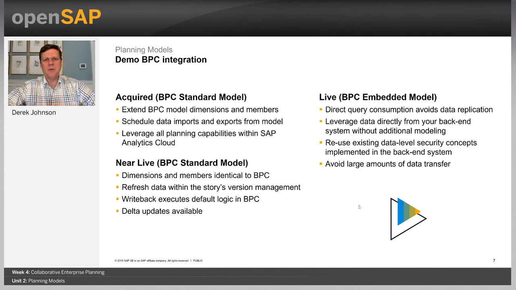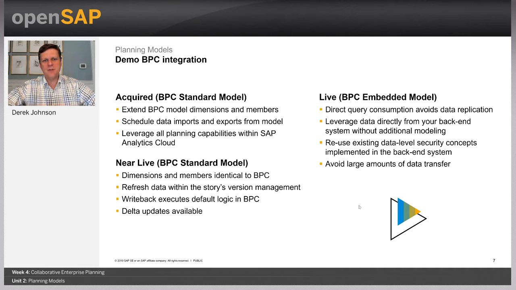We can start to plan within SAP Analytics Cloud. Because we're still acquiring the data within SAP Analytics Cloud, we have full access to all the planning functionality within SAP Analytics Cloud, and we can plan to our heart's content. The difference is that instead of using a batch job to write the data back from SAC to BPC, in this case we can simply go to version management and then publish it back to BPC.